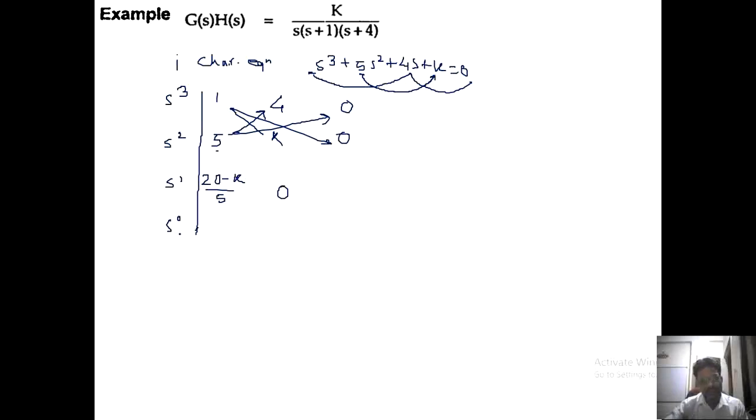Now the s raised to 0 term: 20 minus k by 5 into k minus 5 into 0, that is 0, divided by the same term 20 minus k by 5, so here you will get k.